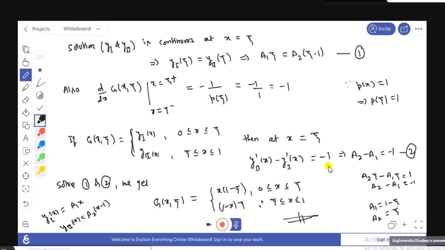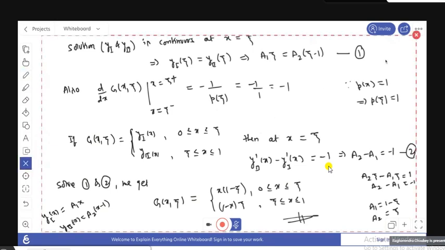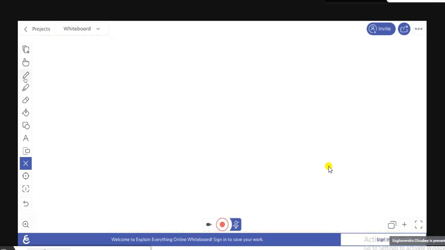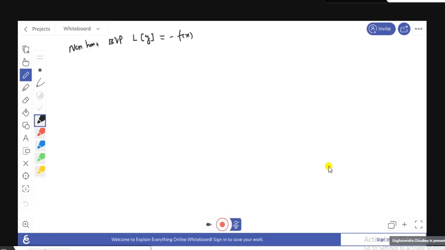If we want to find the solution of the non-homogeneous problem, let's go to the next page and try to find a non-homogeneous solution. Our boundary value problem is L of y equals minus f(x).